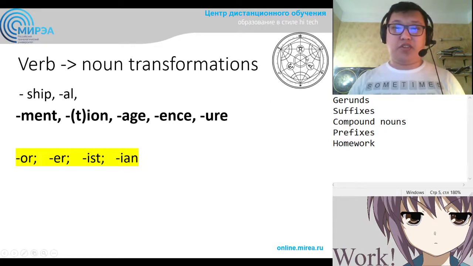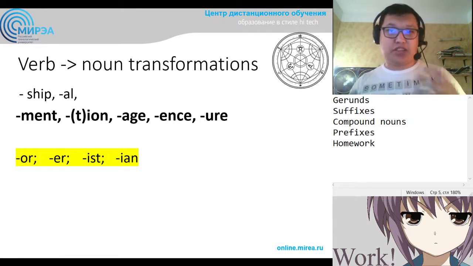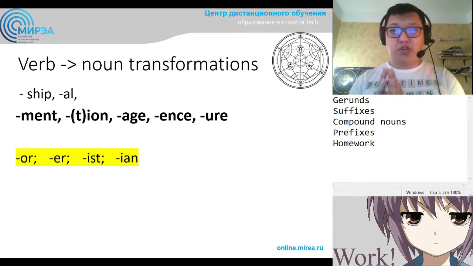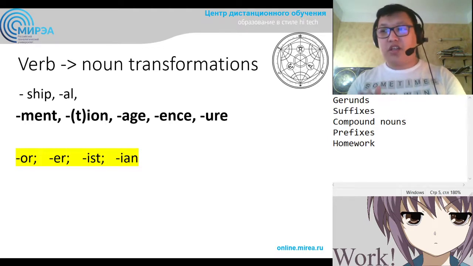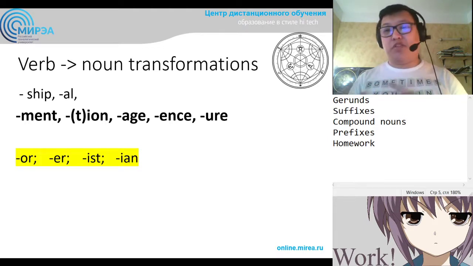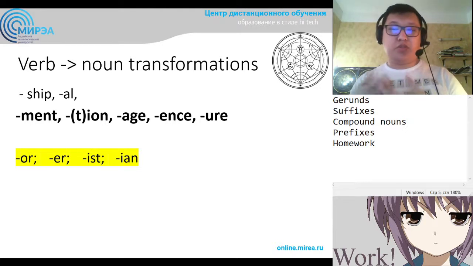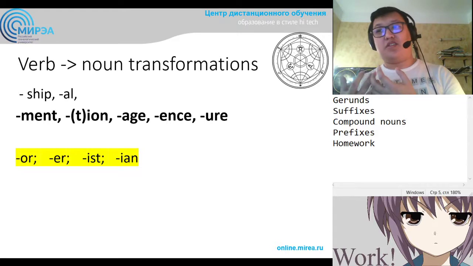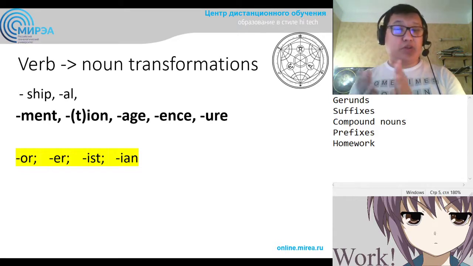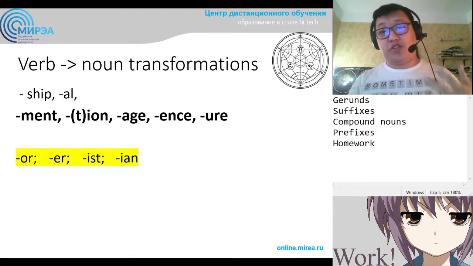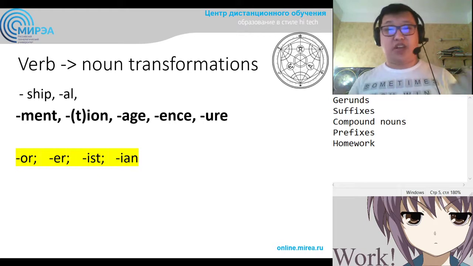I put the alchemy sign in here because this is more like alchemy, not the real science, chemistry. So there are no definite rules for that. Basically, it's a trial and error process. People try to build words, and if they sound right, if they sound okay, and everybody uses them, they become part of the norm. If not, they just die out.